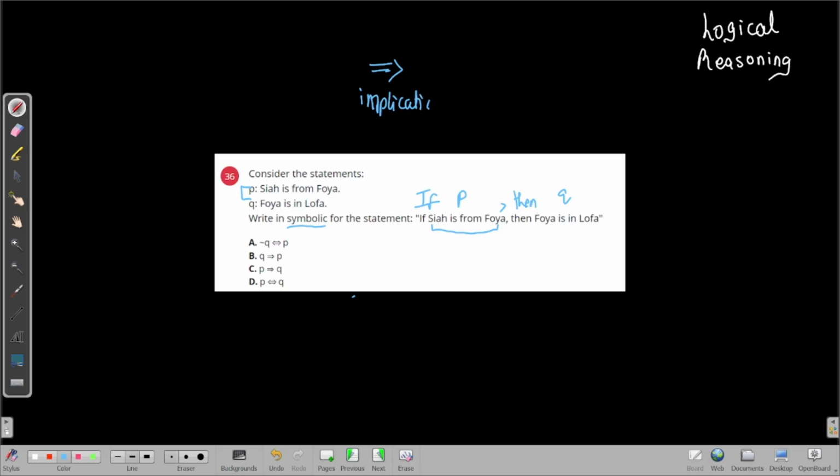If we write P arrow Q, it means that P implies Q. That is, if P happens, then Q happens. That's what I mean by if P then Q. So if the question said if Foya is in Lofa, then Sia is in Foya, it will be if Q then P. You now have Q arrow P.